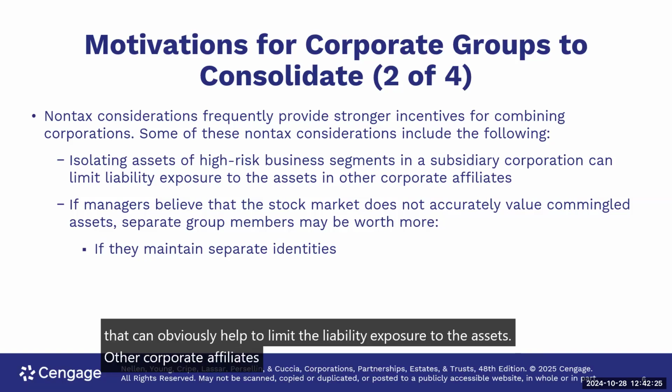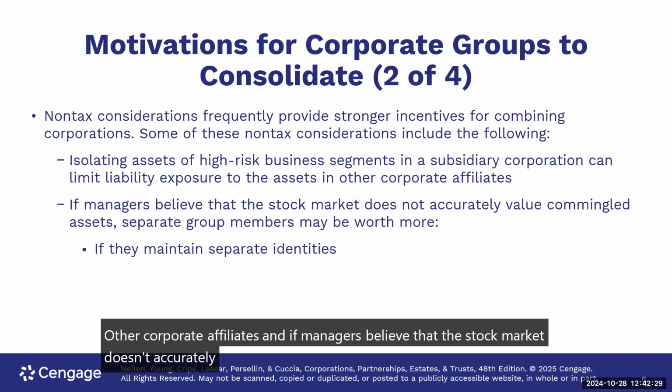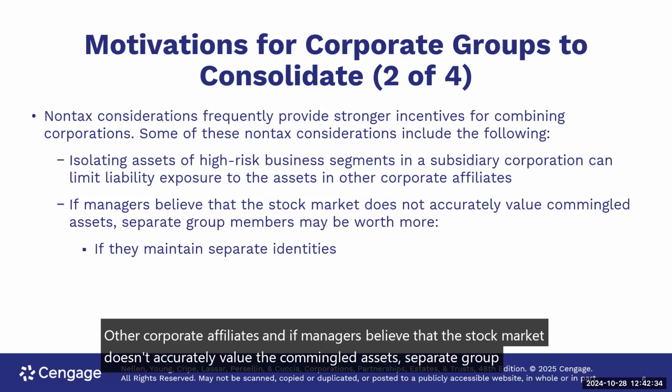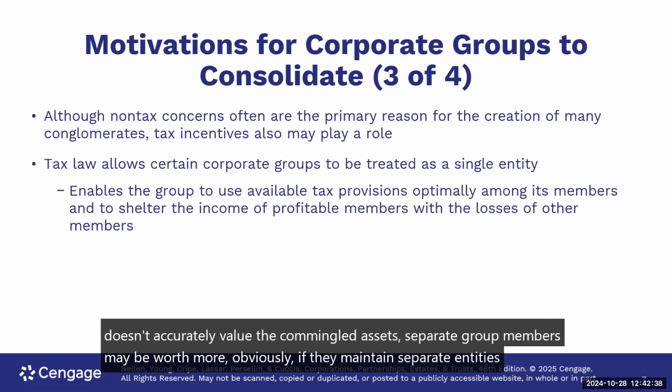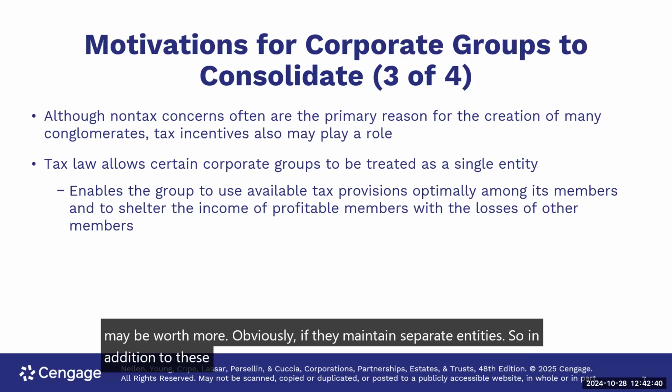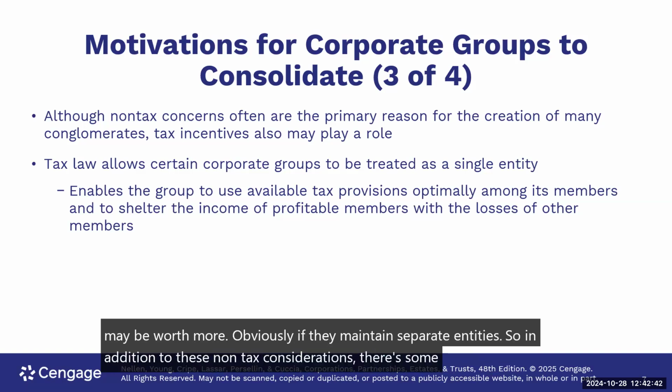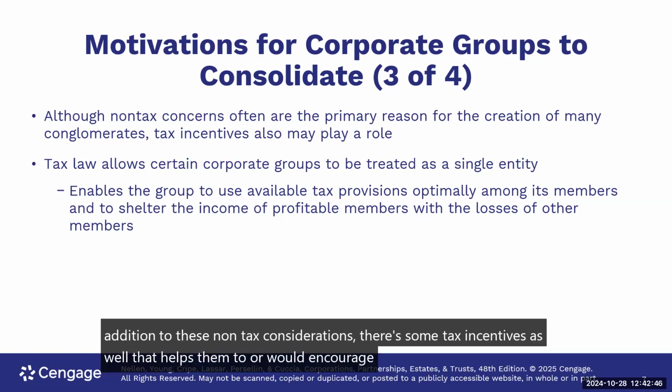And if managers believe that the stock market doesn't accurately value the commingled assets, separate group members may be worth more if they maintain separate entities. So in addition to these non-tax considerations, there are tax incentives as well that would encourage them to combine multiple corporations.